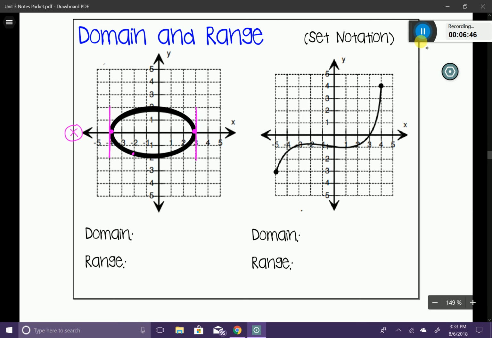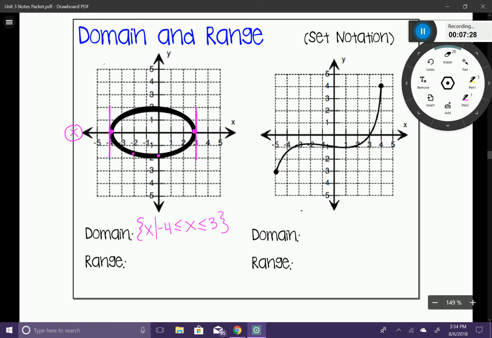I could say this value right here is going to have a domain value of 0, just by making my coordinate my X and my Y. Therefore, the domain of this is going to be X such that -4, that's my lowest, is less than or equal to every domain value, which is less than or equal to 3. This is just a fancy way of saying that every single point in between -4 and 3, including -4 and 3, is located within the domain.